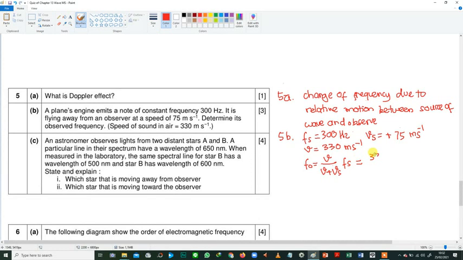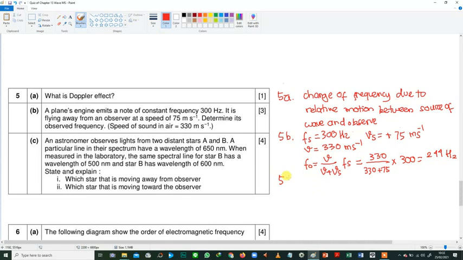So it's 330 divided by 330 plus 75, times 300. So I'm going to use the calculator. And the answer is 244. Yeah, 244 Hertz, like that.